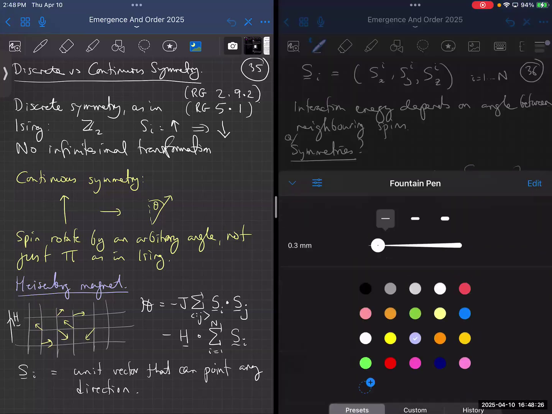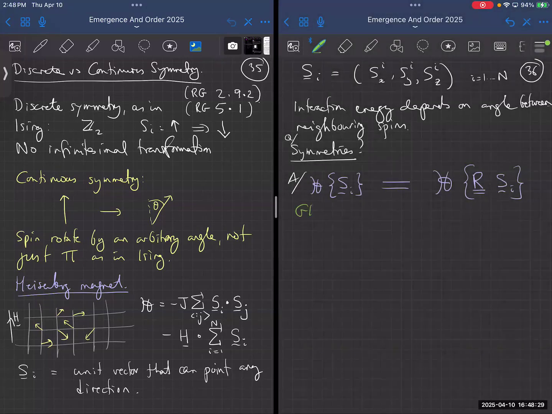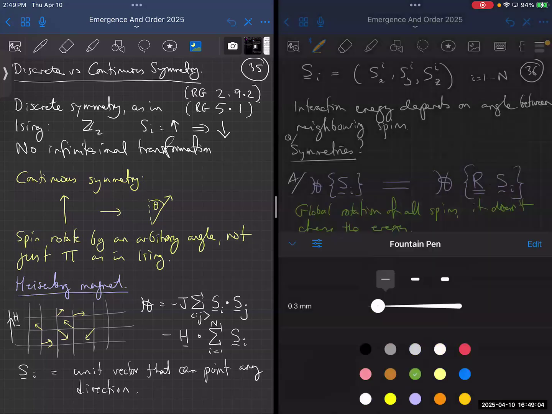If I make a global rotation of all the spins, it doesn't change the energy. Okay, so that's the symmetry classification. So now let's ask about the ordered phases.